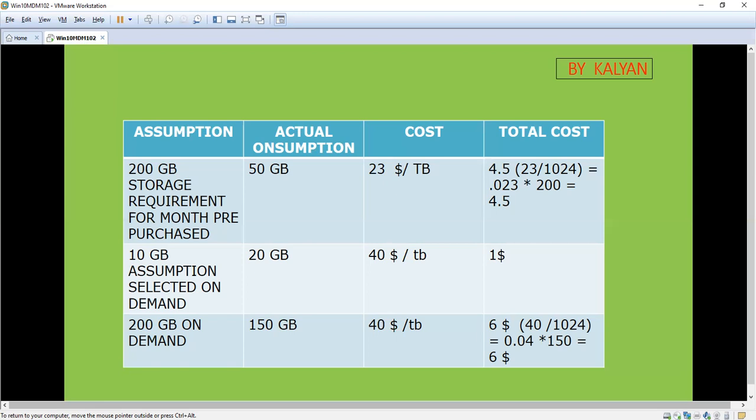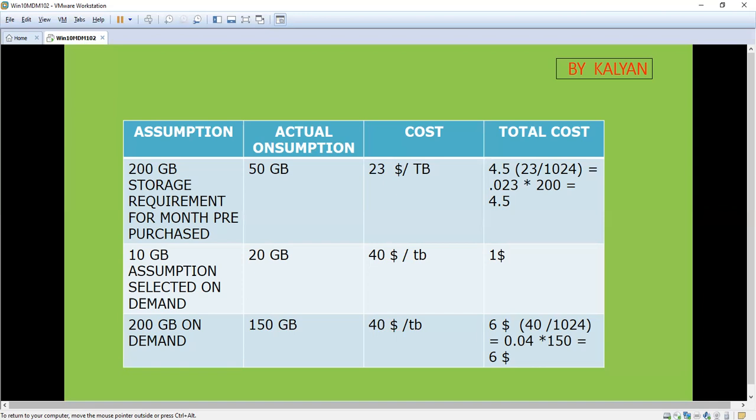So we should conclude which plan is best for our environment. If we are using Snowflake for the first time, we can go for on demand, so that will be cheaper.